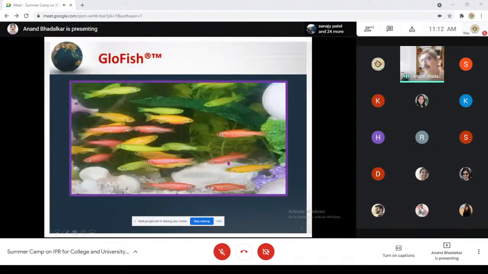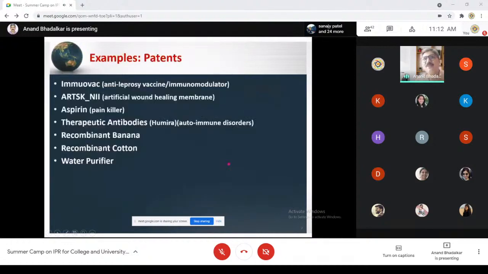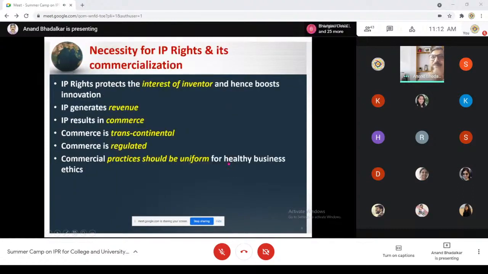This is an example of glowfish, or immunovac, aspirin, recombinant cotton, all of us know of BT cotton, water purifiers. See, it is important that the interest of the innovator is kindled. He should feel some encouragement, right? When will that happen? When he feels that he will get money from this.